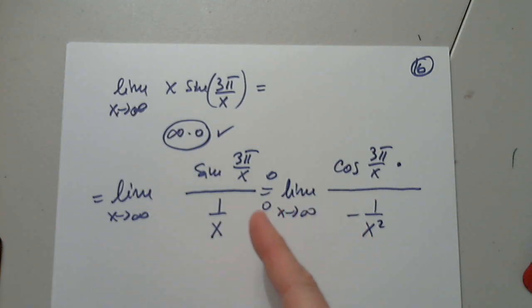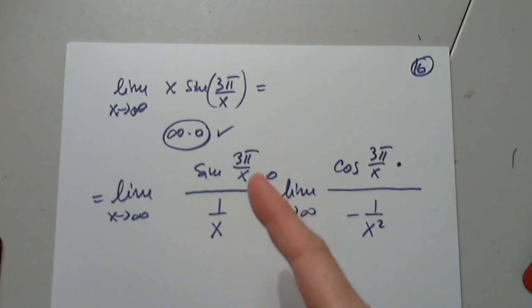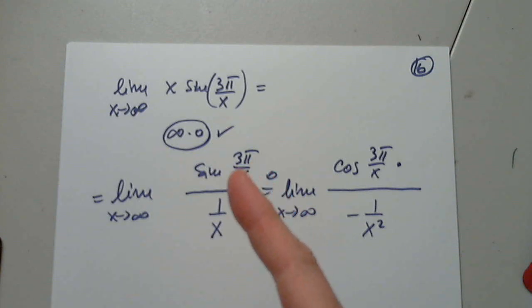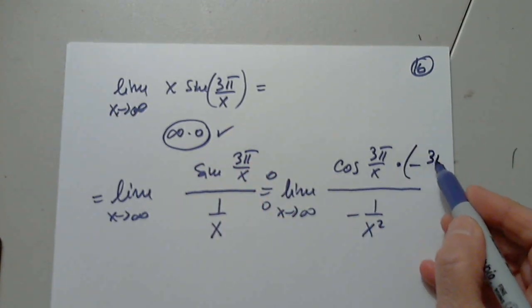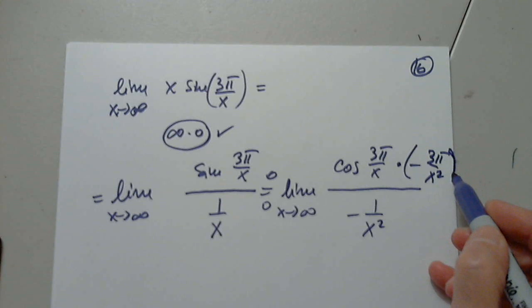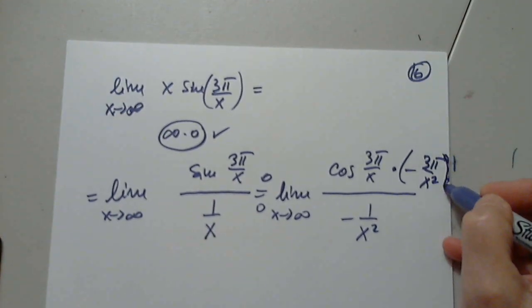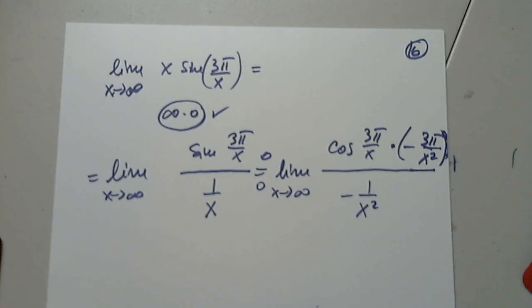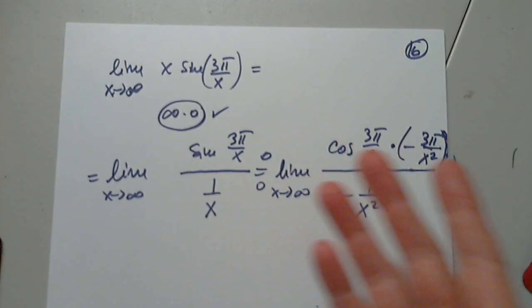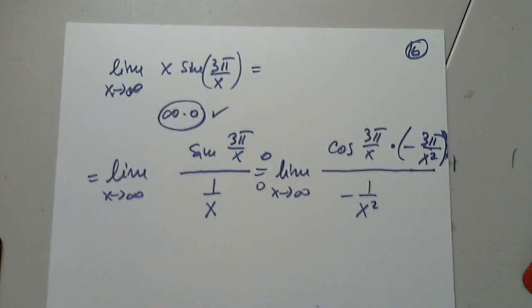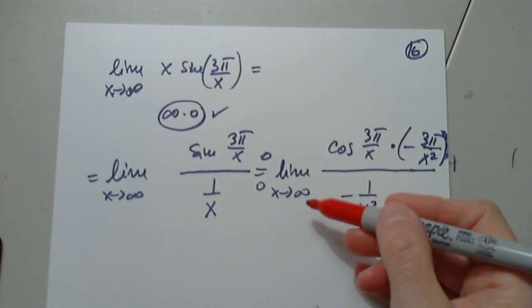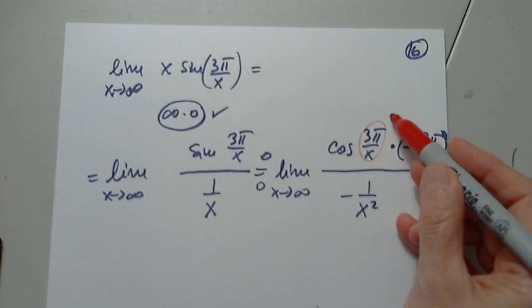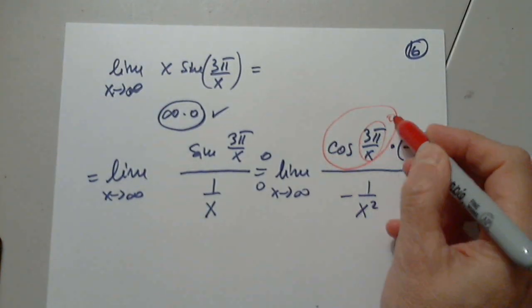And I have to be careful, because the inner function prime will be negative 3 pi over x squared, right, because we differentiate 1 over x, which is negative 1 over x squared, and the 3 pi has to stay. Now, this is really nice, because when x approaches infinity, this approaches 0, but this approaches 1.